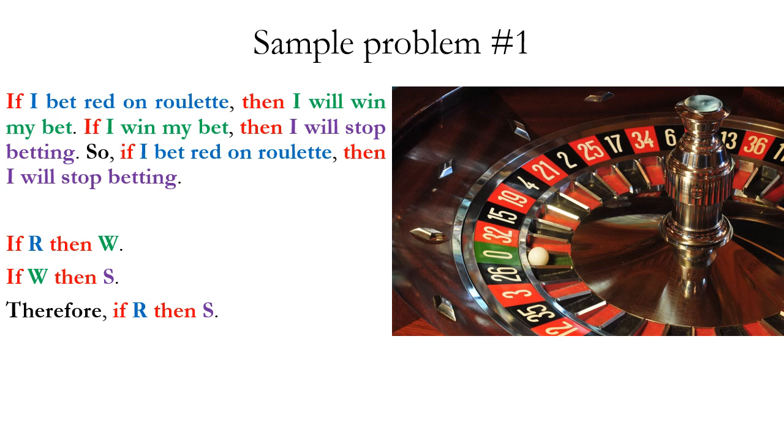So now we can put our argument into a simplified notation. This is the one favored by the textbook, A Workbook for Arguments, where we're using the English terms if and then to express the operators, but we have capital letters to symbolize the simple propositions. I've also put the conclusion indicator word therefore in bold.